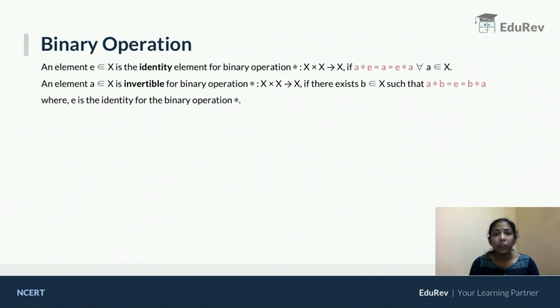So now you know that for the given operation identity element exists. In that case, if you take two elements A, B which belongs to the given set and satisfy this condition, A star B is equal to E is equal to B star A, then B is called the inverse of A. Let me teach you with an example.